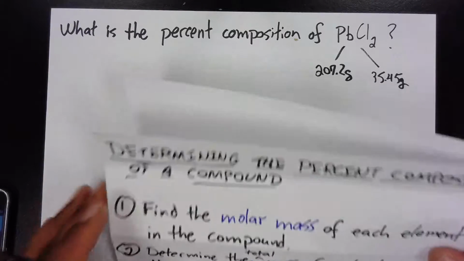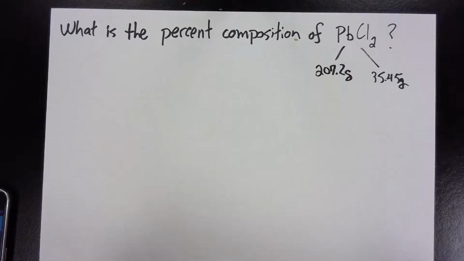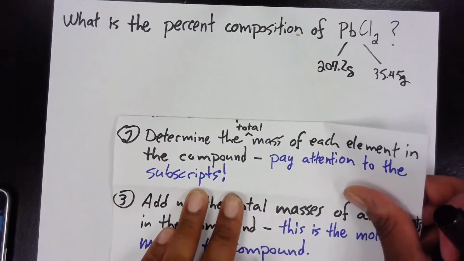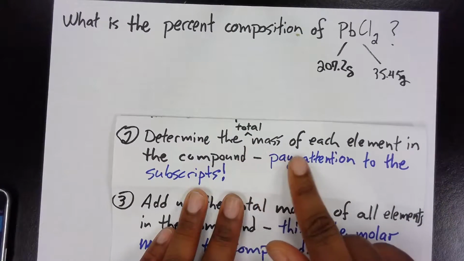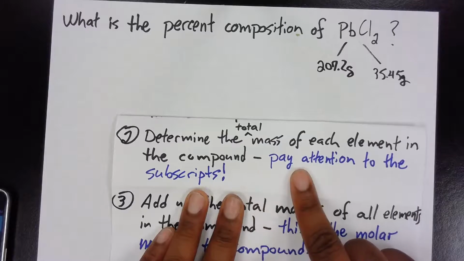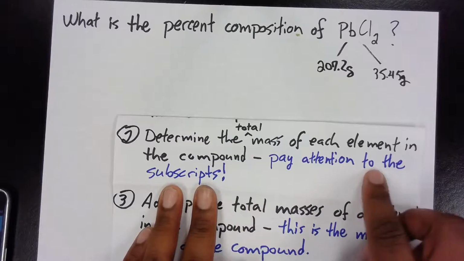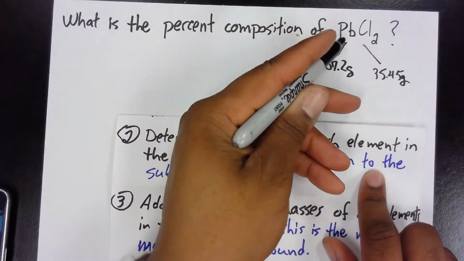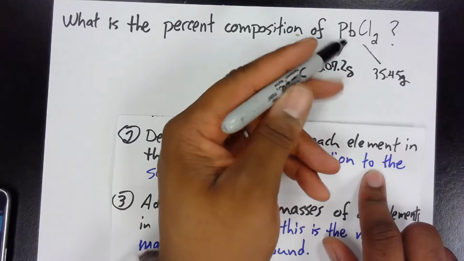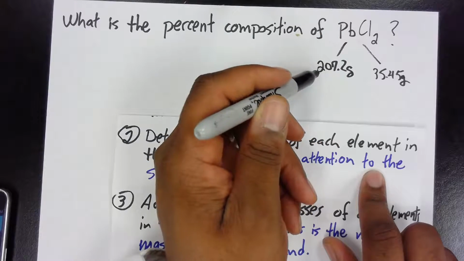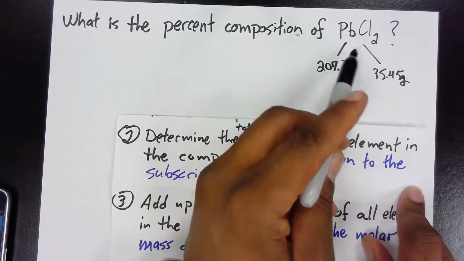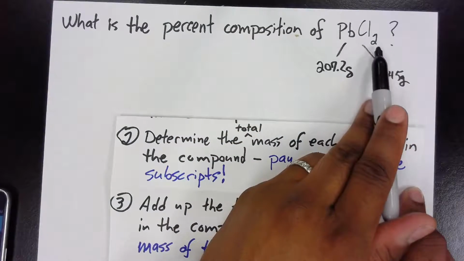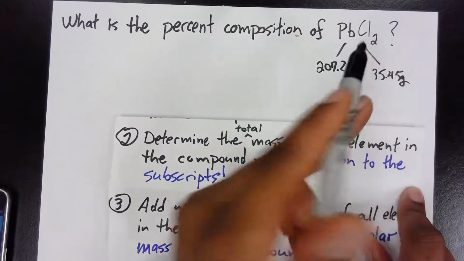Now, what I want to do is determine the total mass of each element in the compound, paying attention to the subscripts. That's how we do that. So lead doesn't have any subscripts. That means there's just one lead atom, which has a mass of 207.2 grams. But this chlorine, you see the subscript of 2 right there. That means there are 2 chlorine atoms.